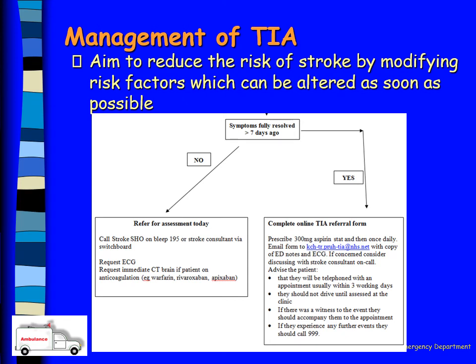If the symptoms are fully resolved but it happened less than 7 days ago, then they must be referred to the stroke SHO for assessment today, and as I said before, that's bleep 195 or the stroke consultant via switchboard. And you can get an immediate CT scan for these people if they're on anticoagulation.